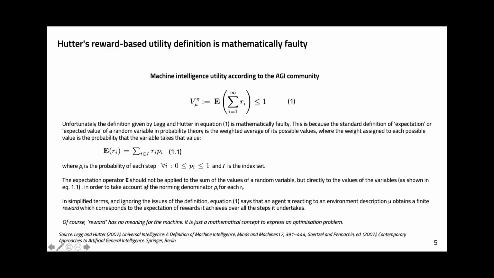Now, first of all, let's consider that this definition is actually mathematically broken, which I find kind of sad, because they should at least get this right. But basically, this is really accepted in the AGI community. One has to see that the AGI community is made up mainly by computer scientists and not by mathematicians.